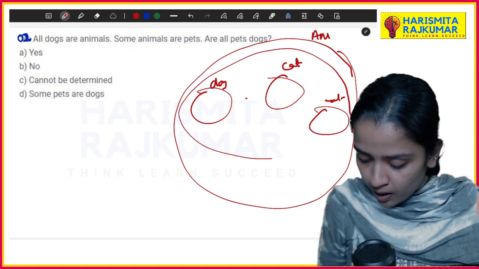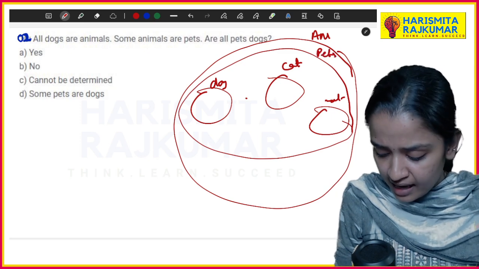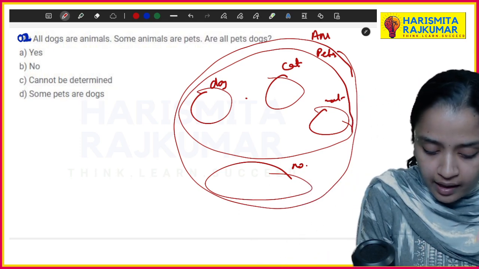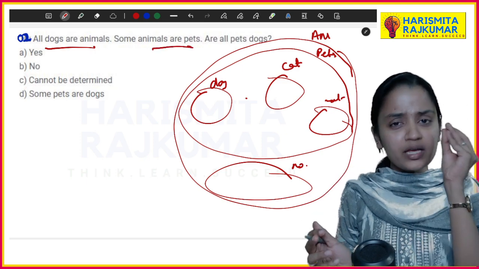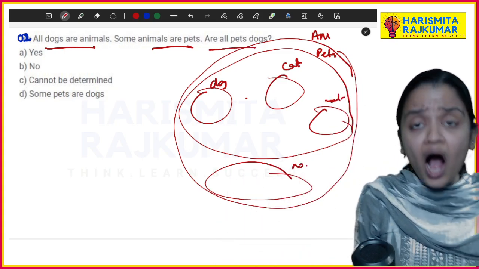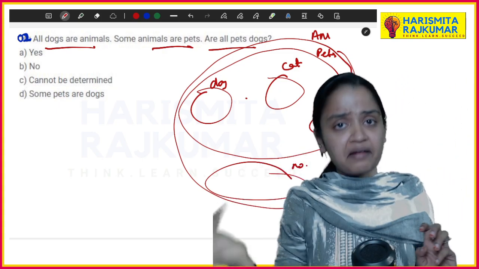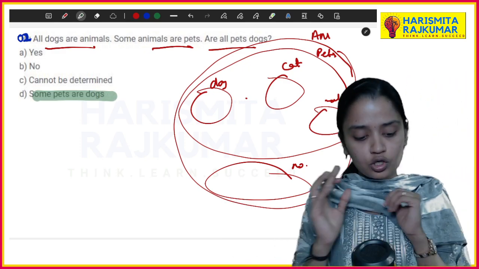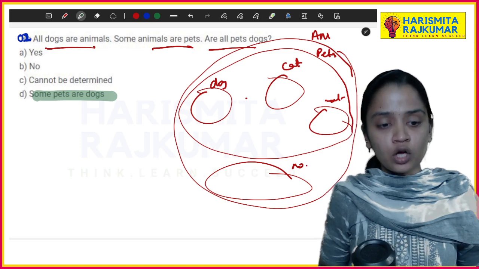Upon that you have one more set, which is pets, and another which is non-pets. Some animals are pets, not all animals are pets. So are all pets dogs? No, right? In pets you can have cat, rat and anything. So you can say that some pets are dogs. This is the right answer.